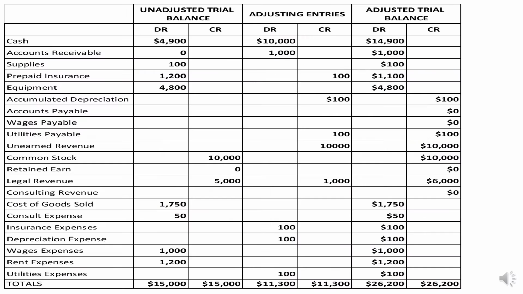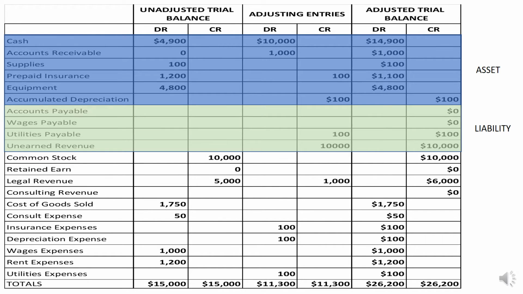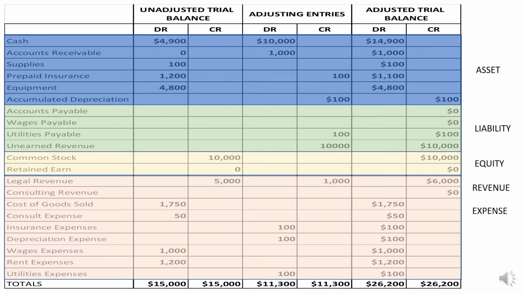That is, our assets, our liabilities, and our equities, which comprise the balance sheet accounts, as well as our revenue and expenses. A 6th category for dividends doesn't appear on this trial balance because Saul did not record any activity in that account during the preceding month.